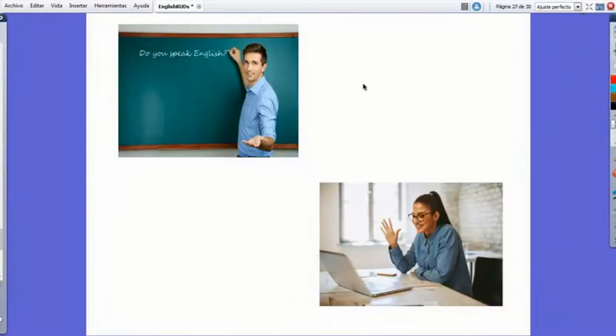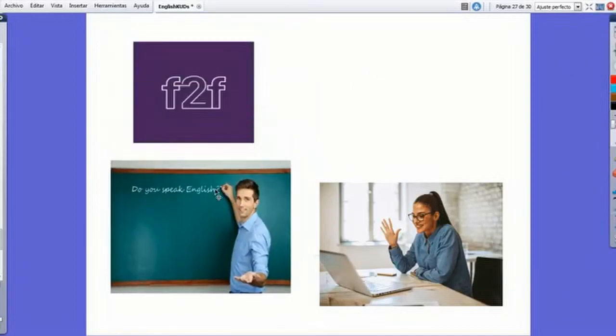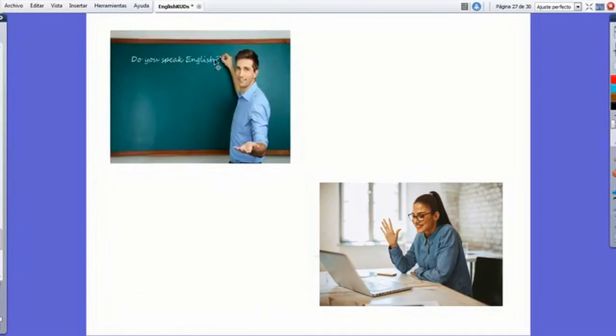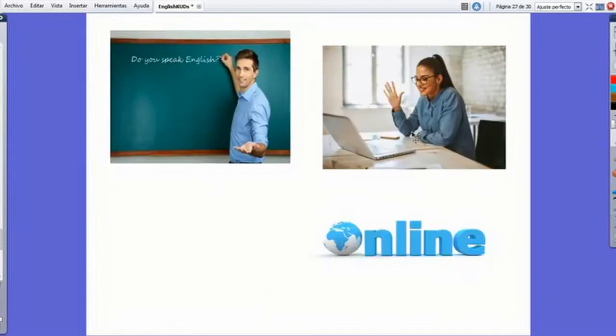And we should bear this in mind whenever we teach English, right? Whether face-to-face or online.